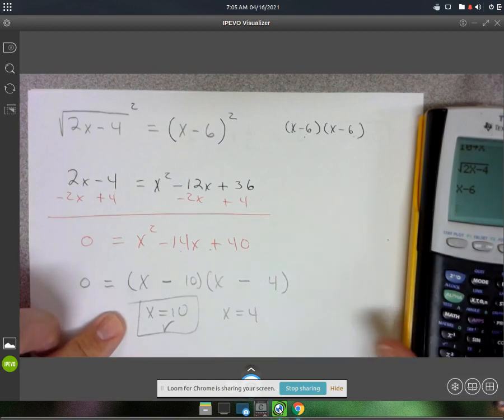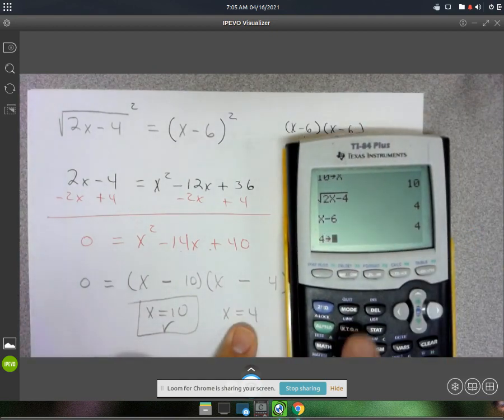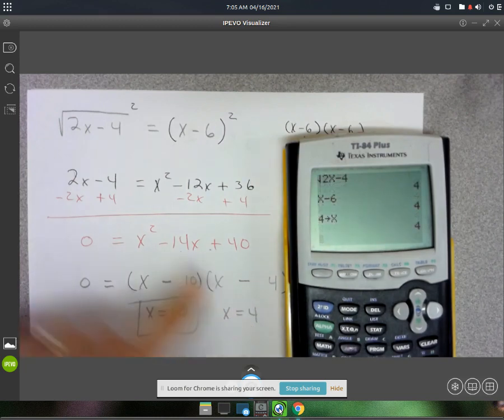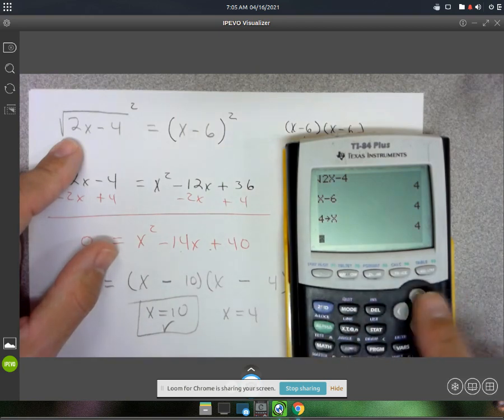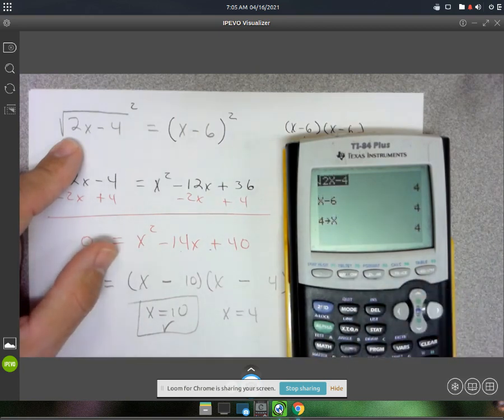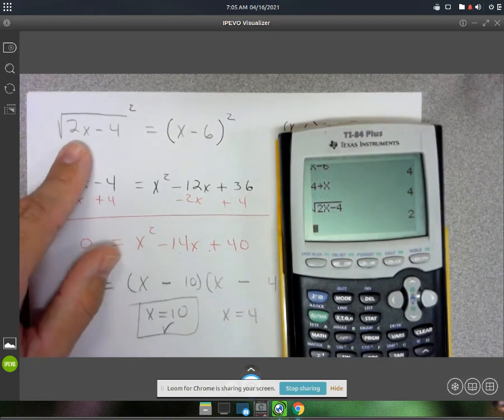That's a good solution. If we plug in 4 for x, 4 stored to x. The left side is going to be, actually, I can just go back up and evaluate it here. The left side is going to give us positive 2.